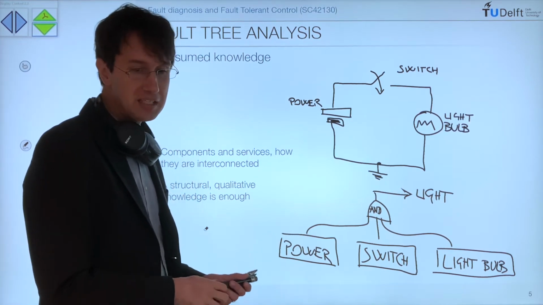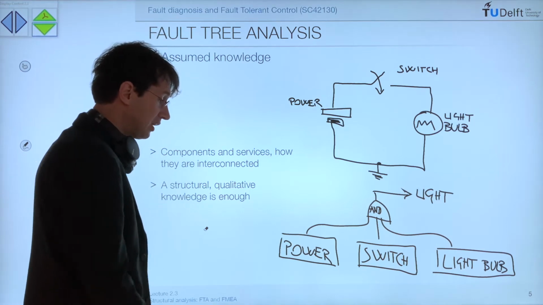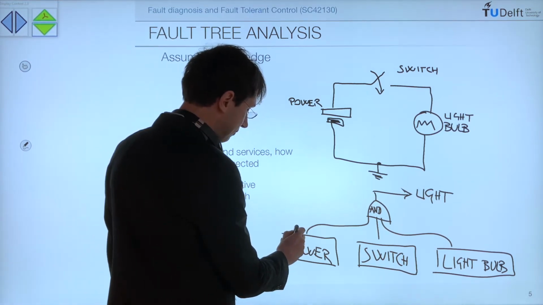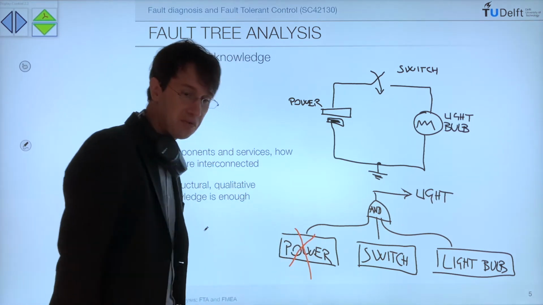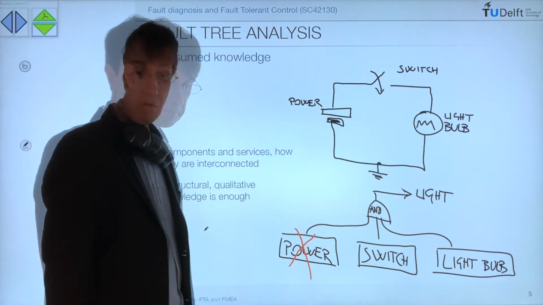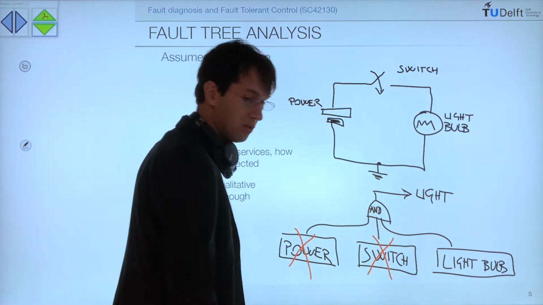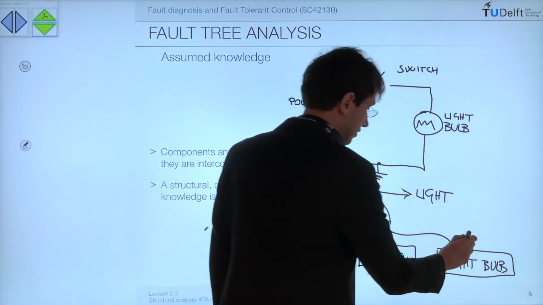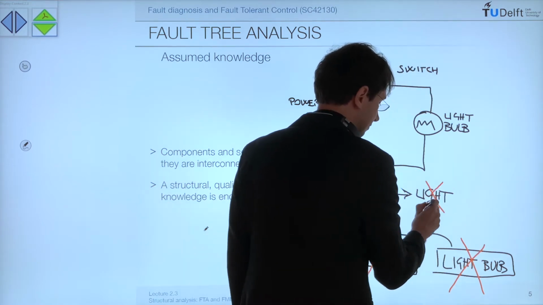So we can easily turn this around anyway. So we can ask if power is faulty, or the switch is faulty, or the light bulb is faulty, then we have no light.